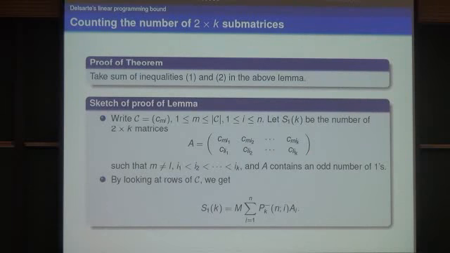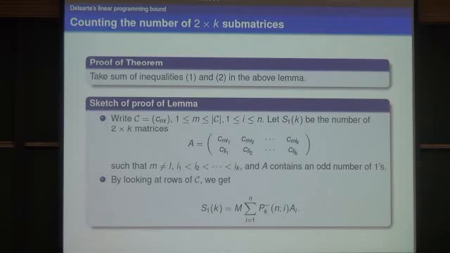So the main thing we do is just counting the 2 by k submatrices. We write C as a matrix as before, and we let S1k be the number of 2 by k submatrices, on the intersection of two rows and k columns, such that this matrix contains an odd number of 1s.